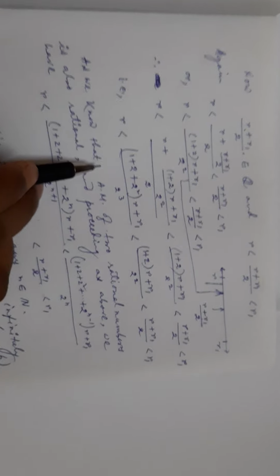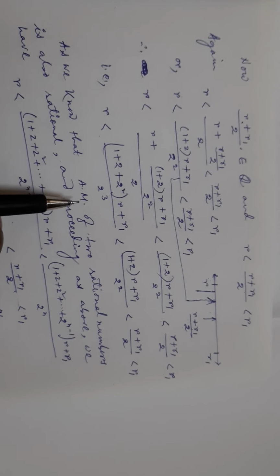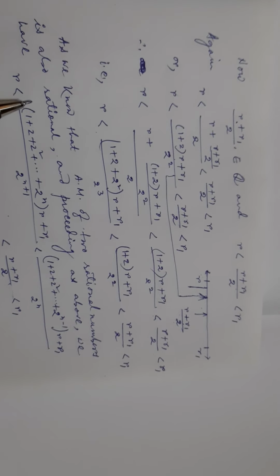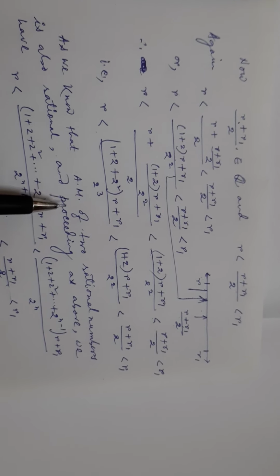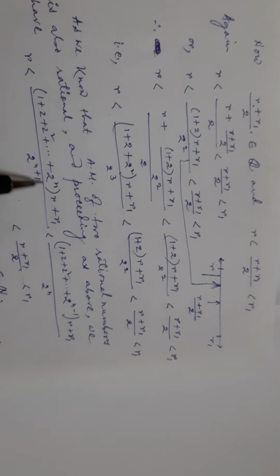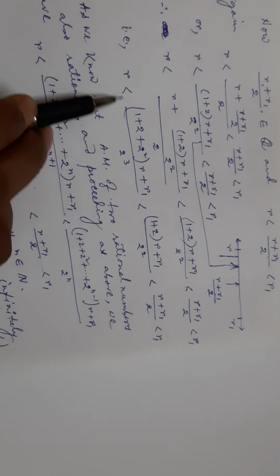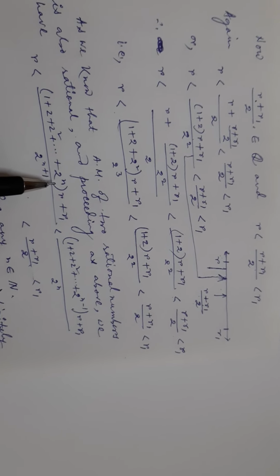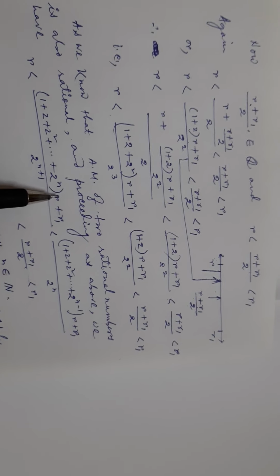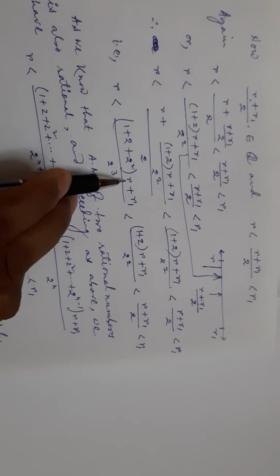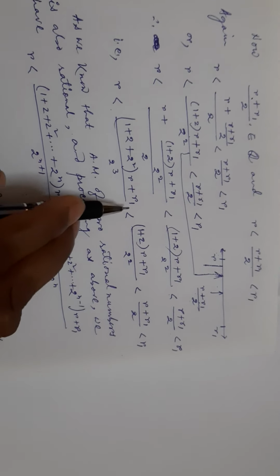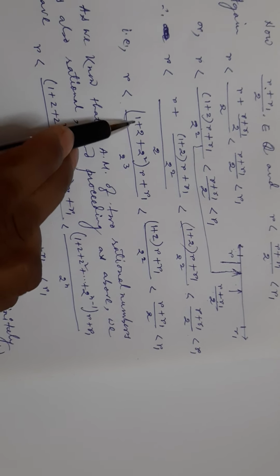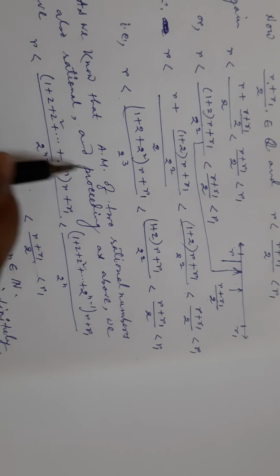So we proceed similarly, and we recall that the arithmetic mean of two rational numbers is also a rational number, and we proceed as above to get that r is less than ((1 + 2 + 2² + ... + 2ⁿ)r + r1)/2ⁿ⁺¹, because here there are three numbers, so its power is 3.